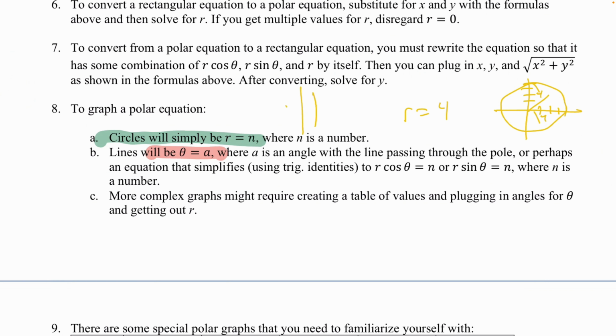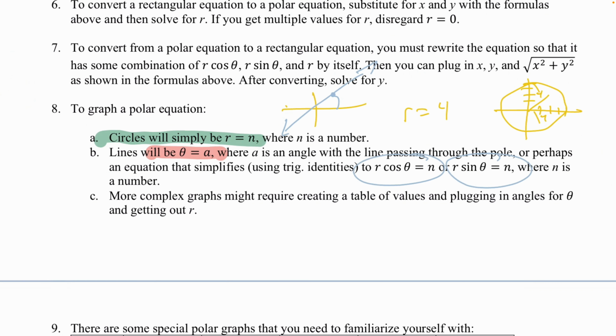So if we have maybe a polar plane here, and then we had some angle going up to here, well, the line would just be through that angle.